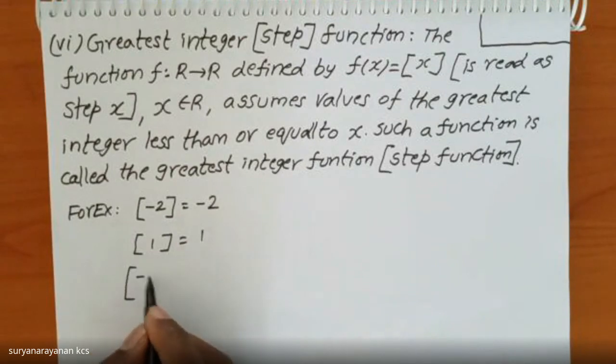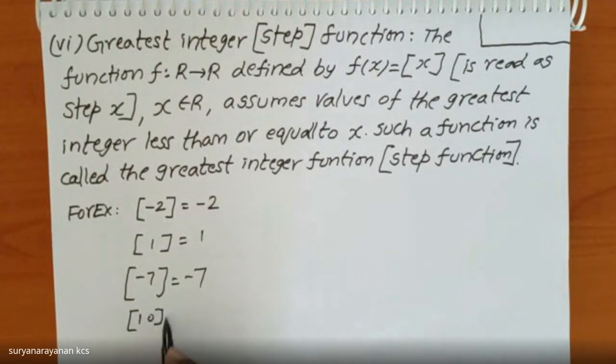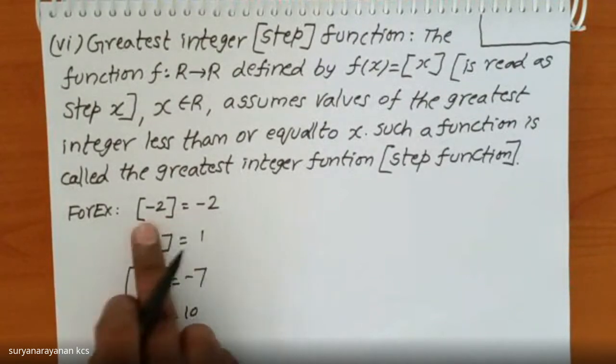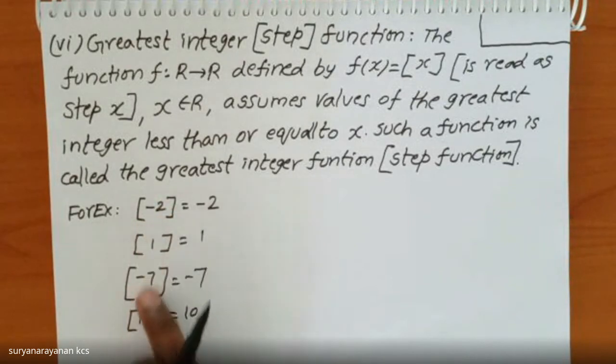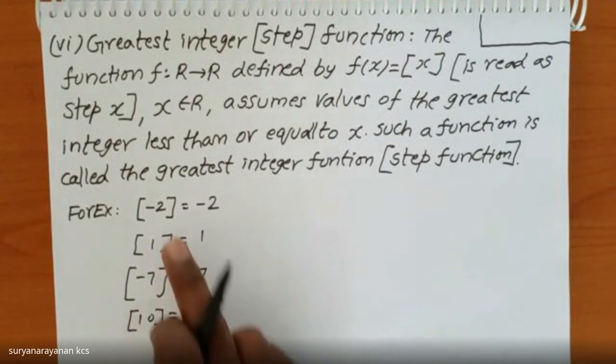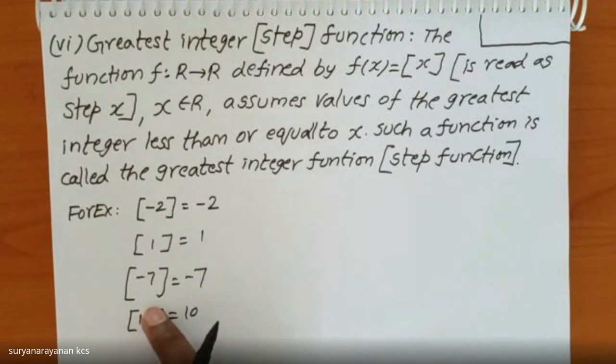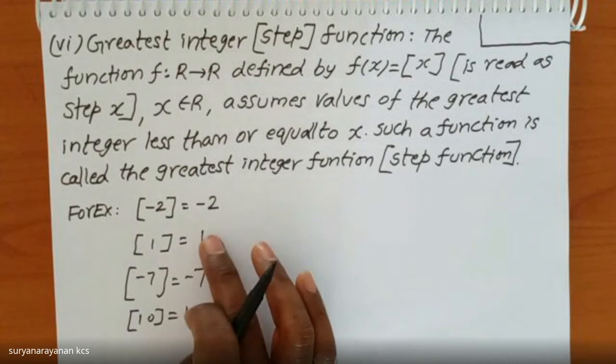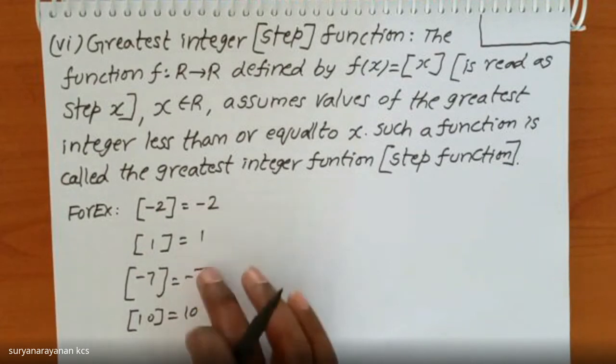Step of -7 is -7. Step of 10 is 10. If you choose integers for values of x, then the function value is the same number itself, the same integer itself.